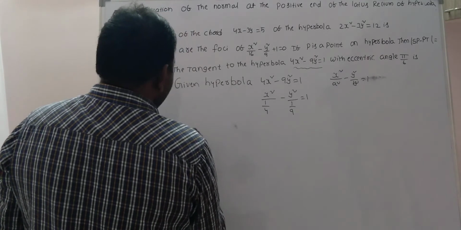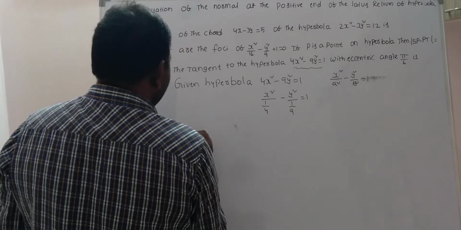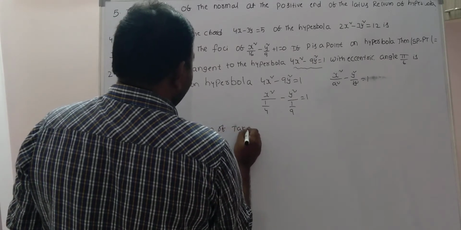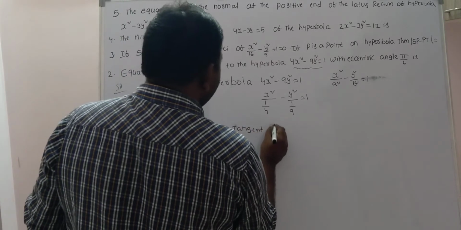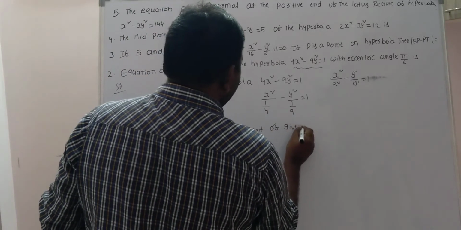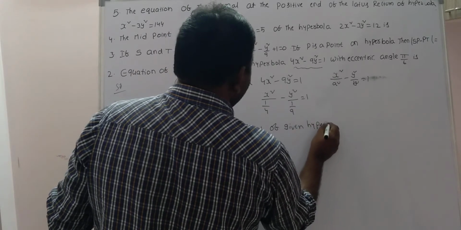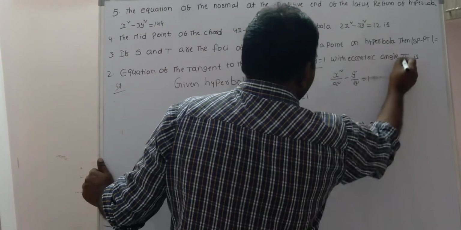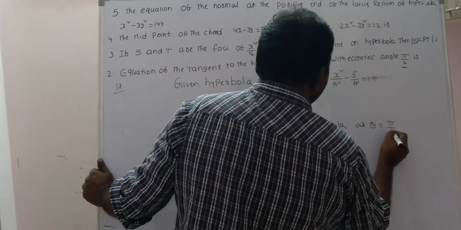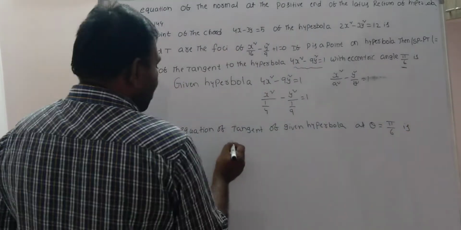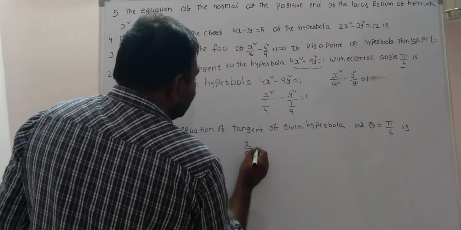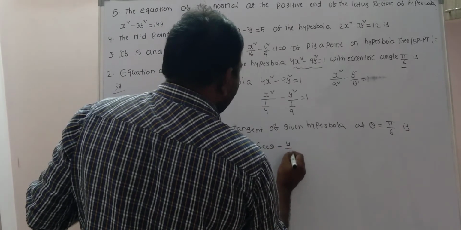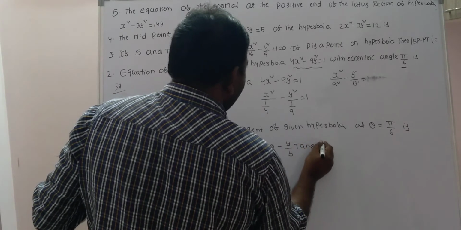So the equation of tangent of the given hyperbola at theta is equal to pi by 6 is, here the formula is x by a secant theta minus y by b tan theta is equal to 1.